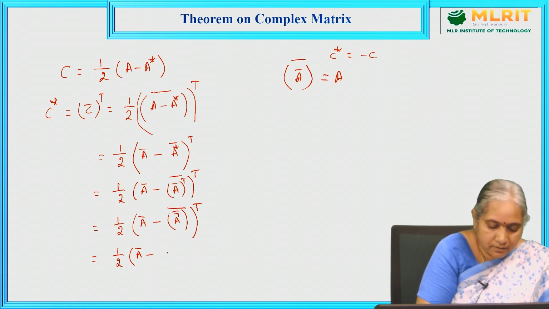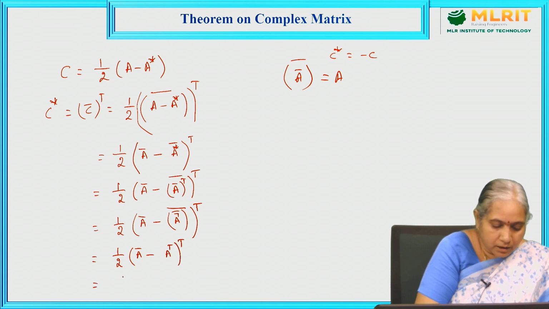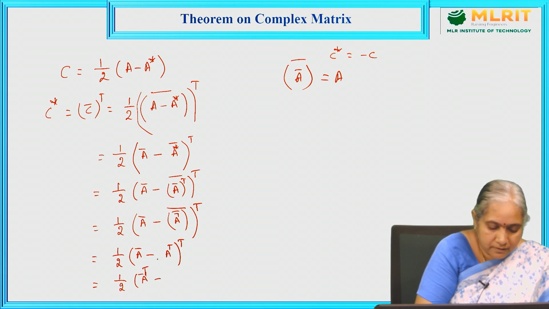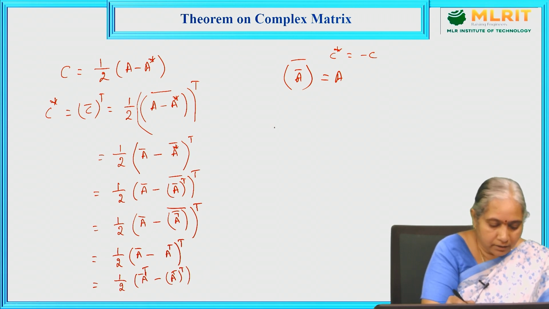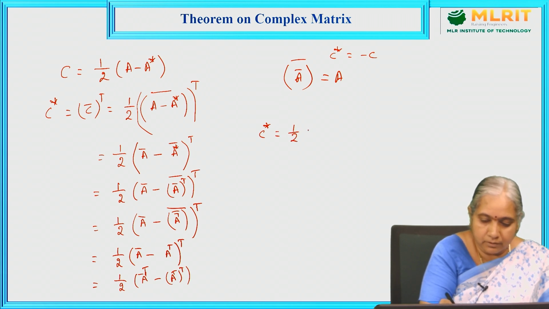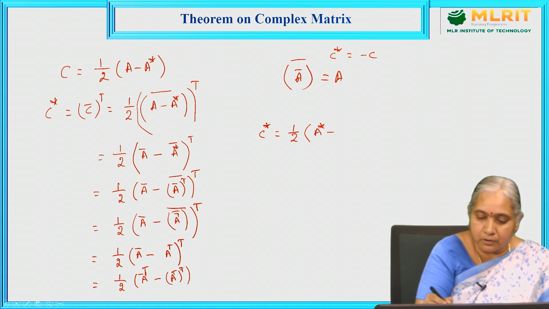So this is A transpose whole transpose, and 1/2 into A bar transpose minus A transpose whole transpose. Now apply the transpose. A bar whole transpose minus A transpose whole transpose. Again C star equals 1/2 into A bar whole transpose is A star, minus A transpose whole transpose is A.